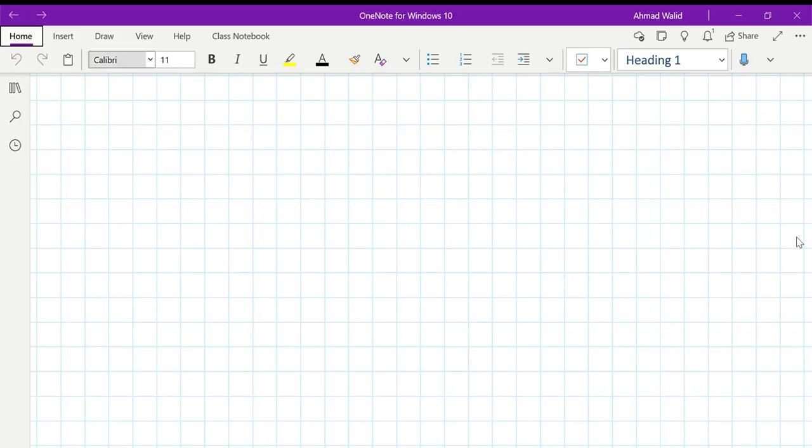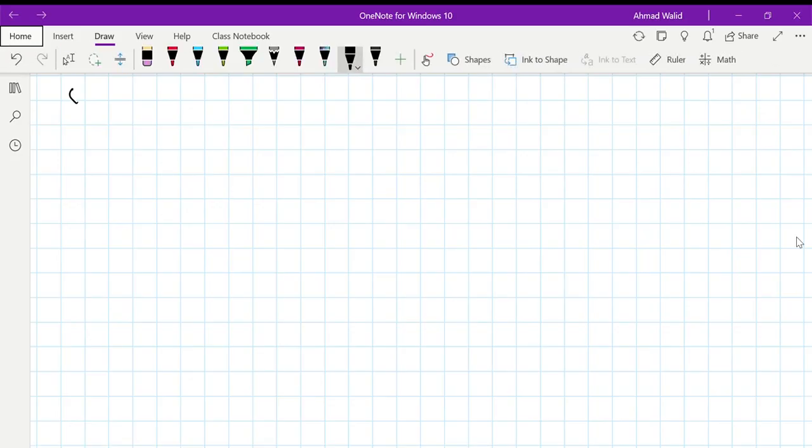Still we are in section 1.1. In this part I will cover for you the standard position of an angle, or an angle in a standard position.